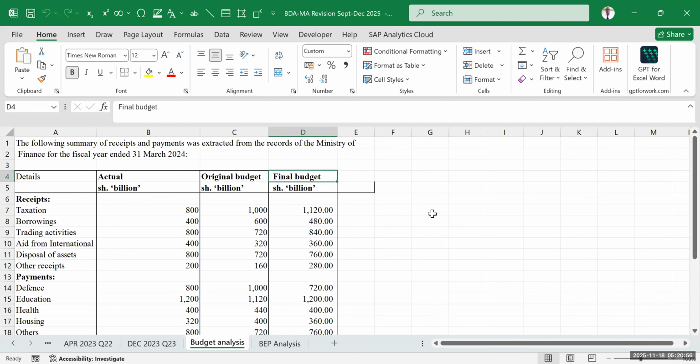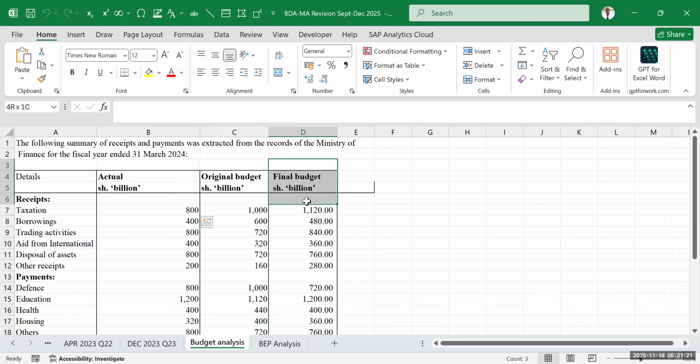Then you will compare that with the actual figures. You realize now these are the actual figures from our budget, and you find the deviation. We call it variance, budget variance. So whenever you want to do budget variance, you are comparing the final budget and the actual budget.